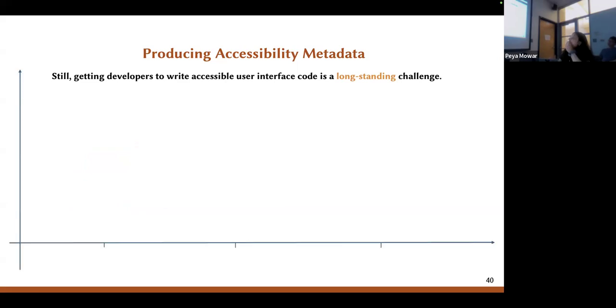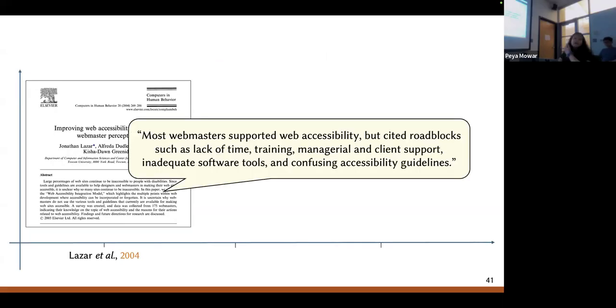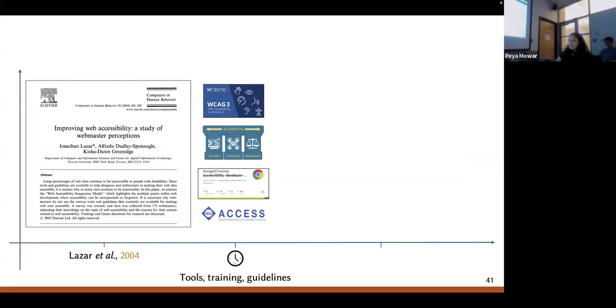So if we start to map it out on a timeline, there was a paper that came out in 2004, which talked about how web developers actually wanted to support web accessibility, but often faced different kinds of roadblocks, such as lack of time, training, or support from their clients, and inadequate software tools. And since then, we've been conducting all this research and developing better guidelines for developers to write better code.